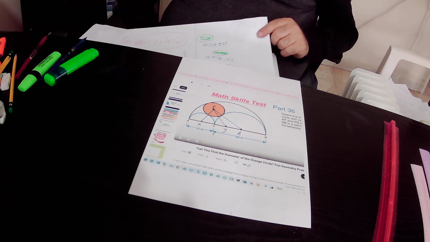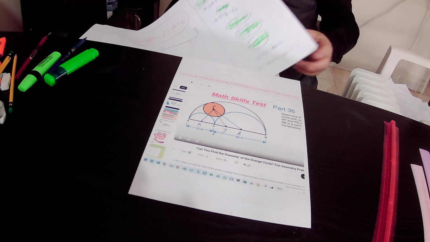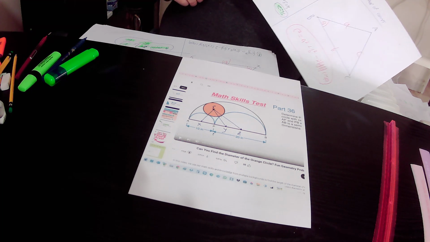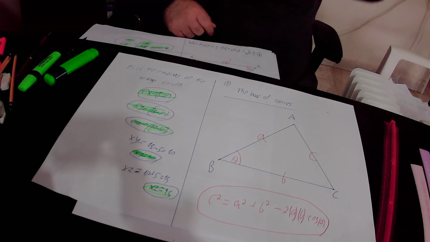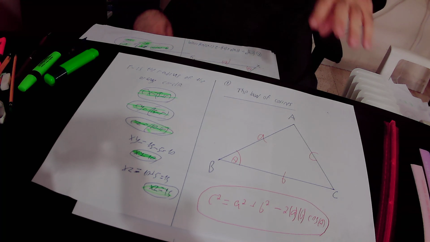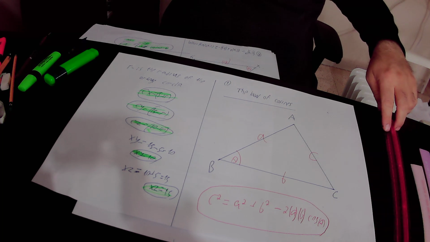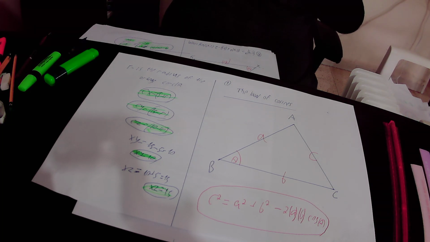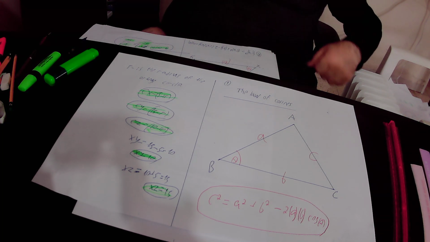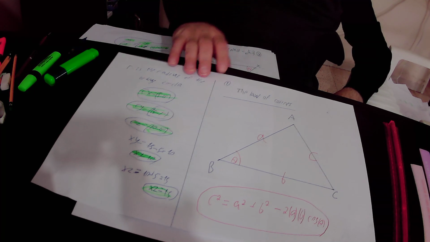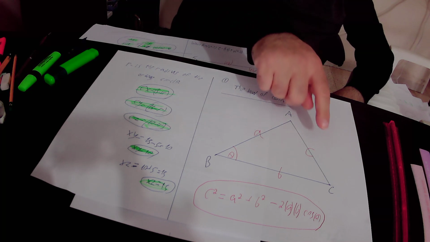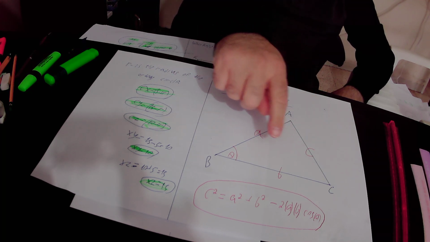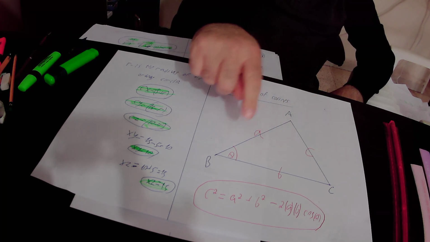In the next step, I presented to you the law of cosines. The law of cosines is true in any triangle. So if we have here triangle ABC, that could be any triangle. According to the law of cosines, c squared equals to a squared plus b squared minus 2 times ab times cosine theta.